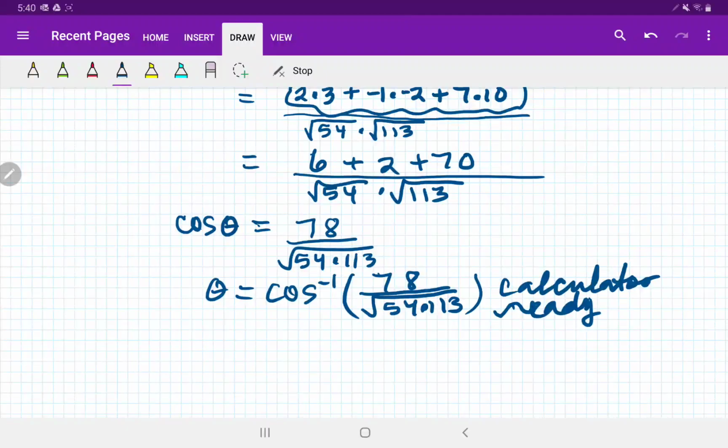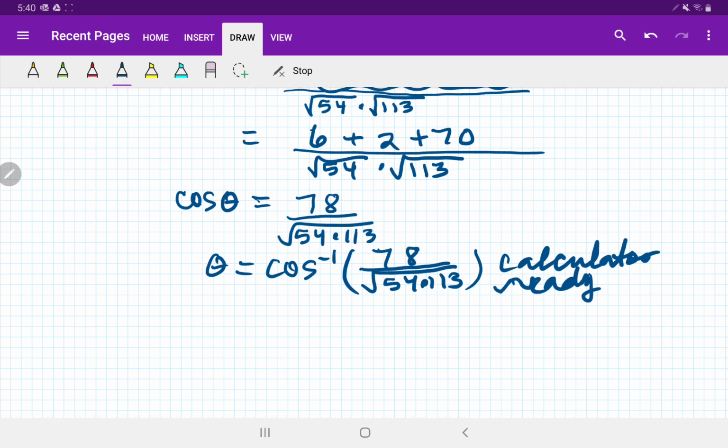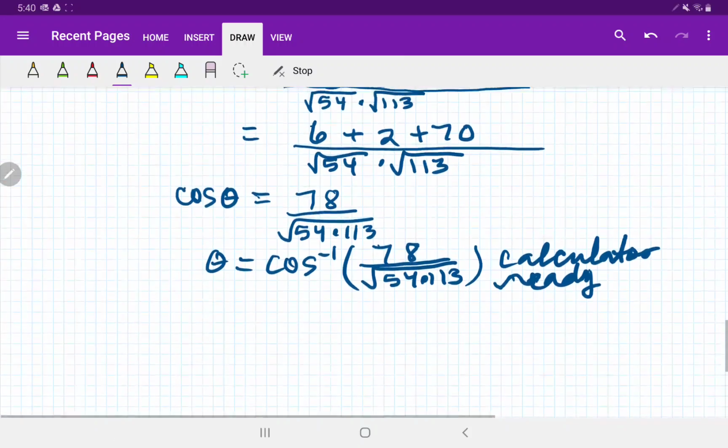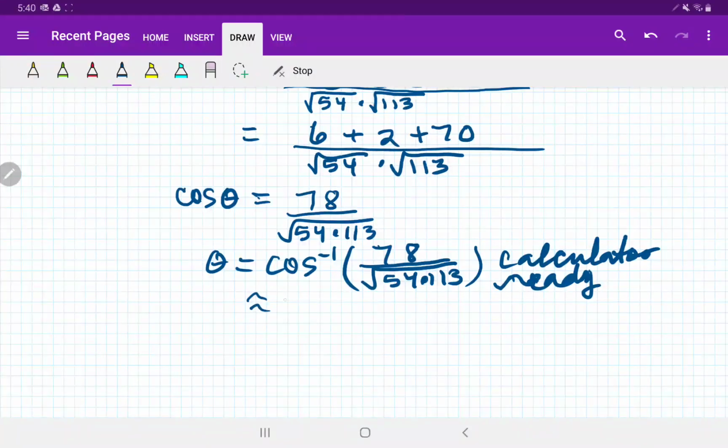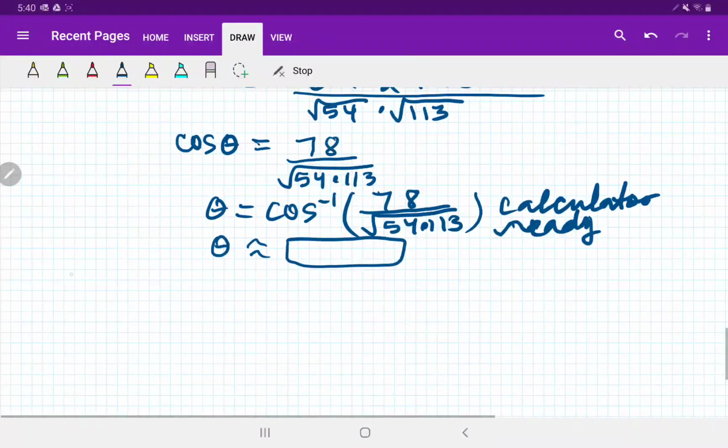I don't know if you're going to have a test on this section, but this is good for the final anyway. This is for homework 57. It's going to be good for the final because 2D vectors is on the final, and this stuff is in that chapter 6. I don't know if it's 6 in your book. So calculator ready, or then you get an approximate answer on the calculator. So that is the angle between the vectors.